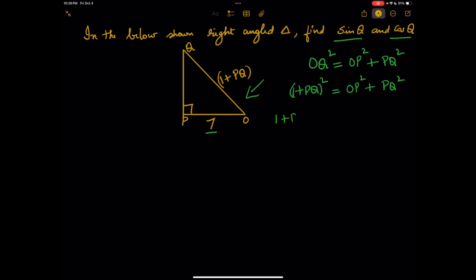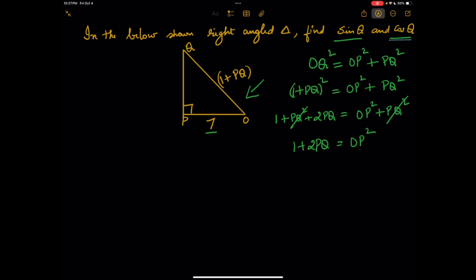A square plus B square plus 2AB, which is nothing but 2PQ, if you consider B to be PQ, which is equal to OP square plus PQ square. So we can cancel out PQ square. Now we will have 1 plus 2PQ is equal to OP square.